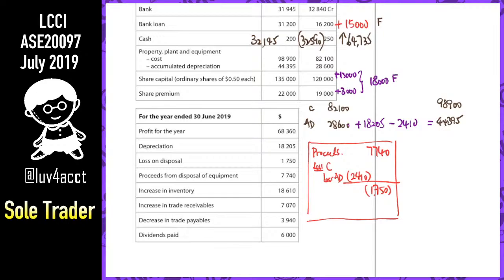With this we can find 9490 being the carrying value of the assets disposed. So 9490 plus 2410, you have 11900. Yes. So here the disposal will be 11900. And then with this you will be able to calculate the addition.